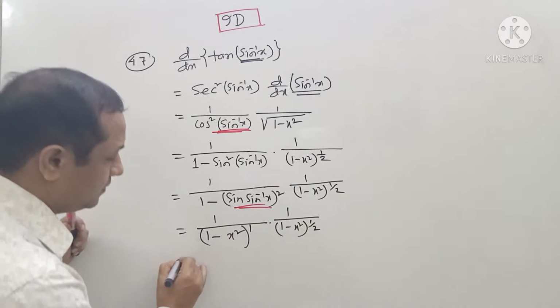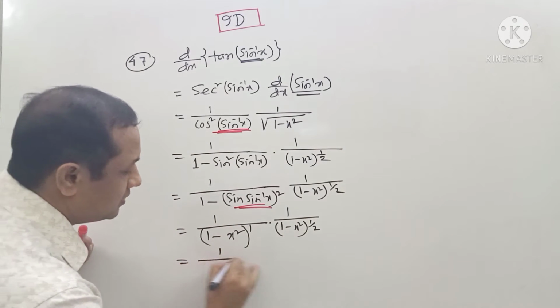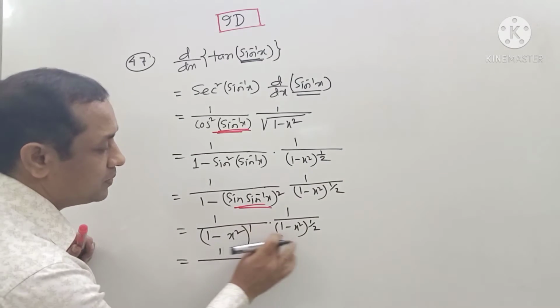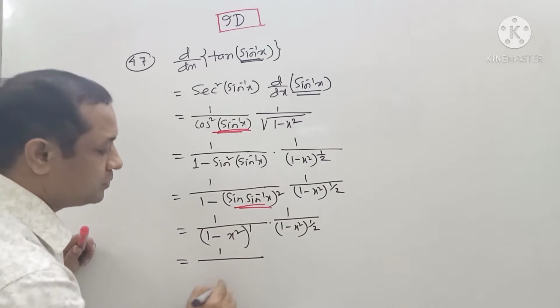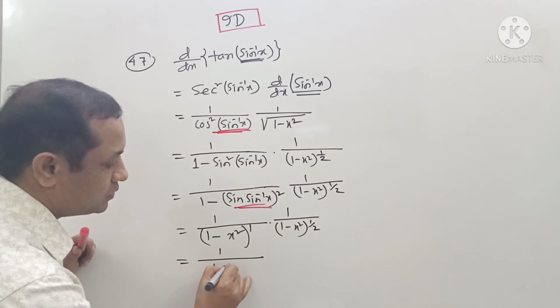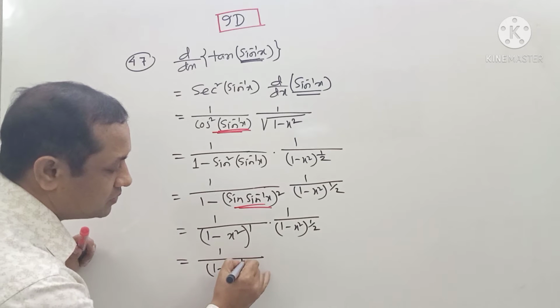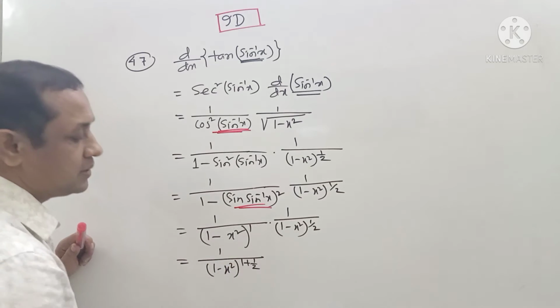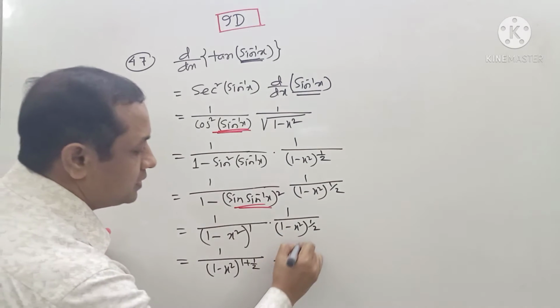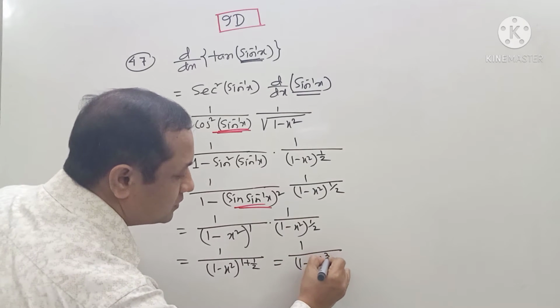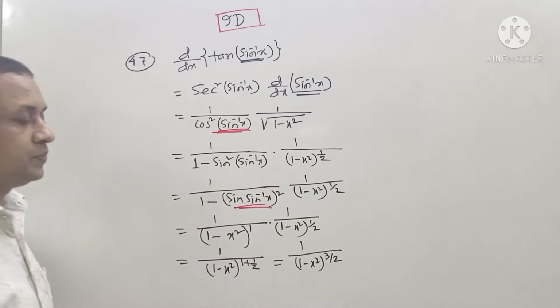So we get 1 by (1 minus x²) to the power 1, times (1 minus x²) to the power half. So we can write 1 by (1 minus x²) to the power 1 plus 1 by 2. So we have 1 by (1 minus x²) to the power 3 by 2.